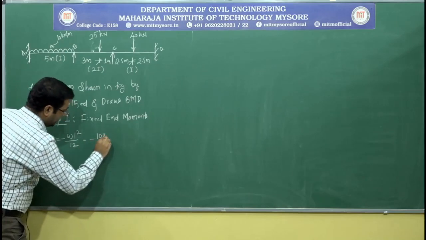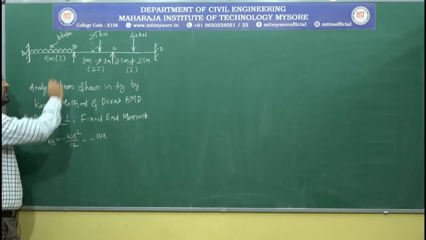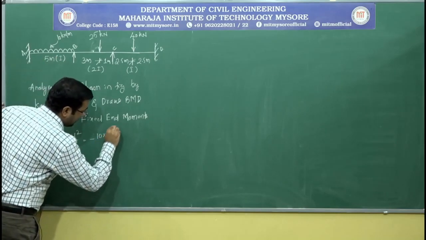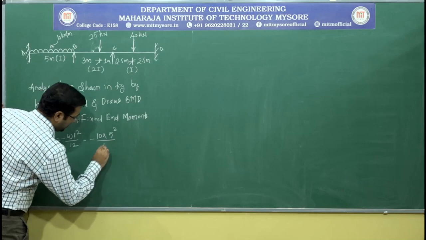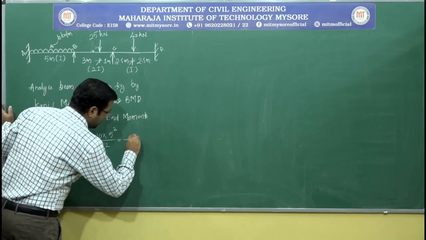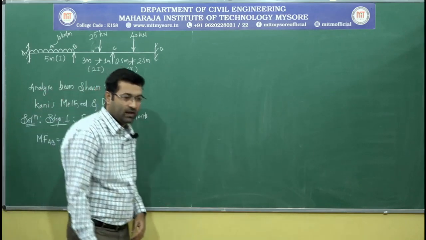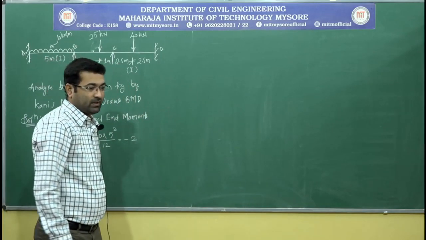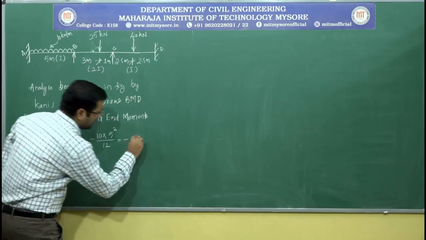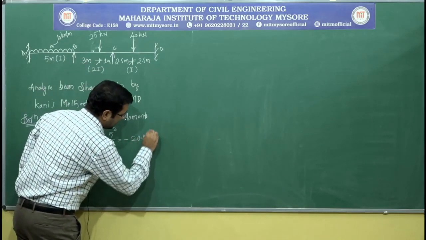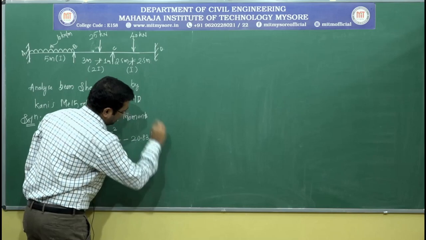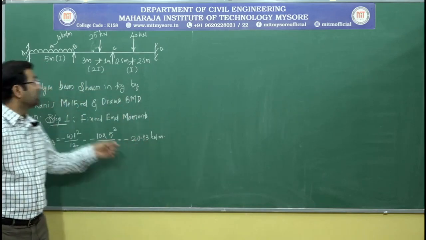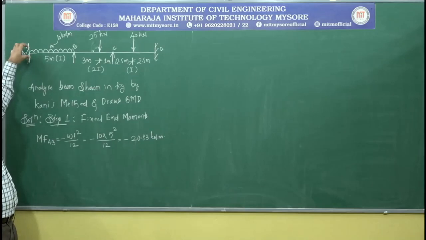So it is 10 into L, L is nothing but the span of the beam, the span is 5 meter. So it is 5 square divided by 12, which yields to minus 20.83 kilonewton meter.